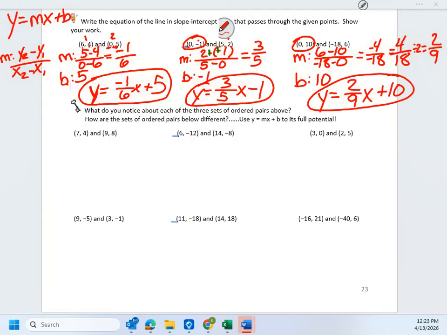So all those little details. I need to remember negative over a negative turns into a positive. I need to remember to simplify. I need to remember that if I'm given a 0 for my x, then I'm given that y-intercept. Remember here when my y-intercept was negative, that means minus.